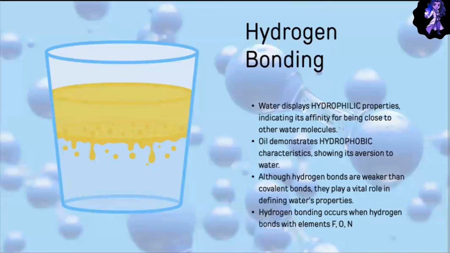So, a better way to think about it is understanding the term hydrophilic. If you think of the word hydrophilic, you often think of the word Philadelphia. And when I think of Philadelphia, I think of the city of brotherly love. So water displays hydrophilic properties, which means that it is hydro, water, philic, loving properties.